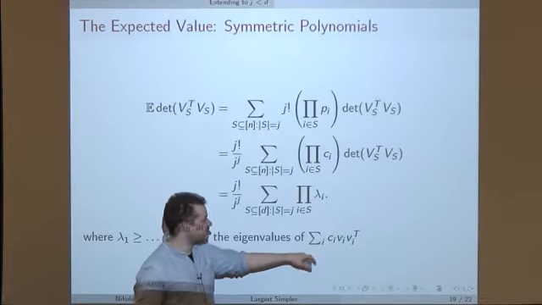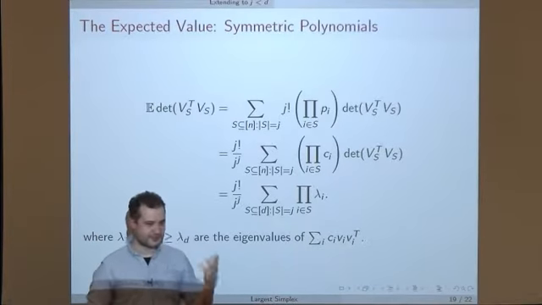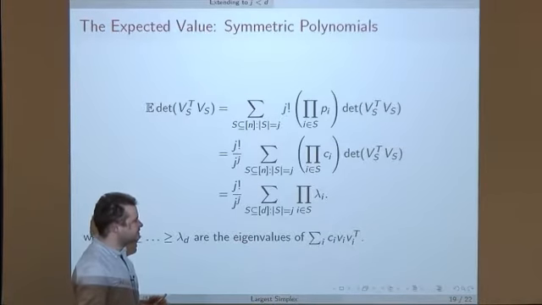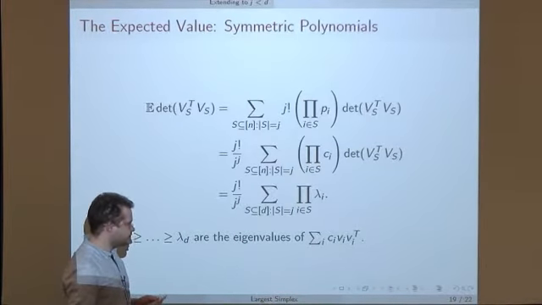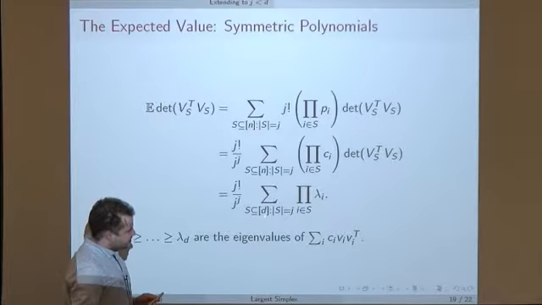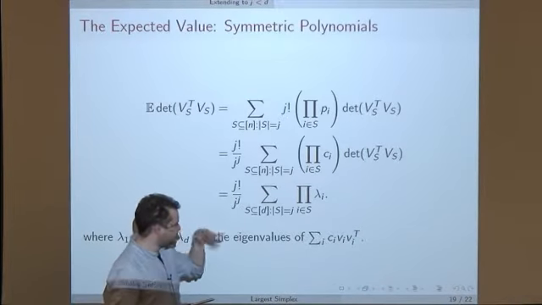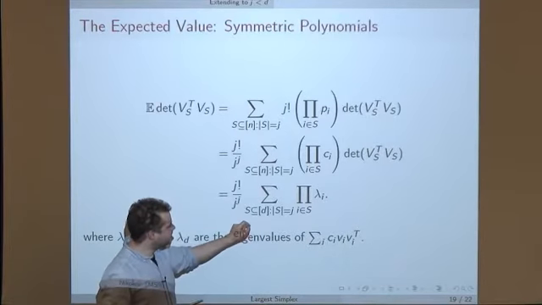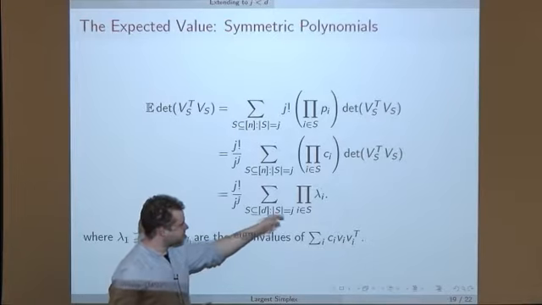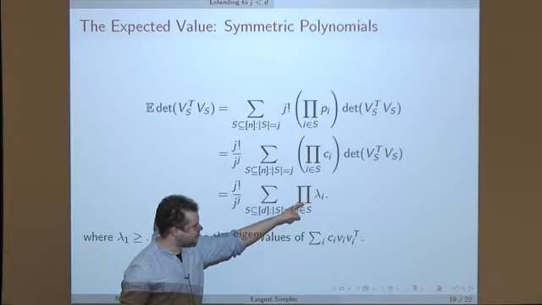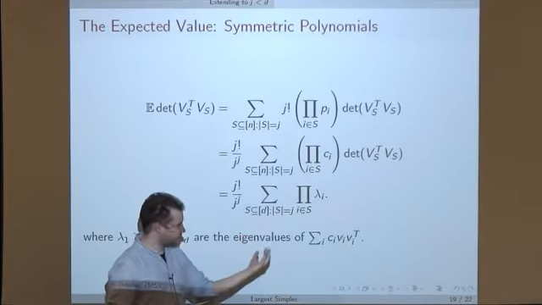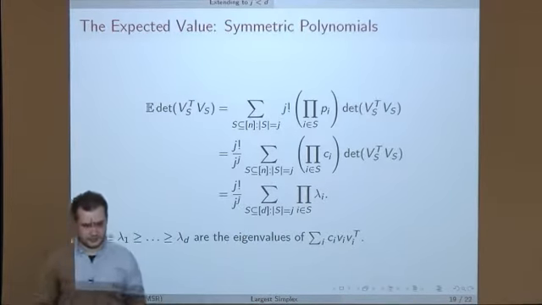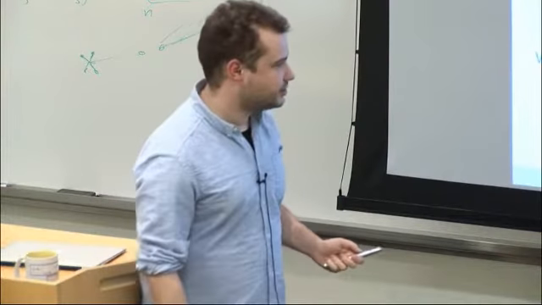You have to believe me on this. That's part of the technical detail, but it's not very hard once you know it. It's a useful fact, basically. So what's the degree j elementary symmetric polynomial? You have all the eigenvalues here. You just take every subset of j eigenvalues, take their product, and take the sum over all of these things. So this is the expectation.